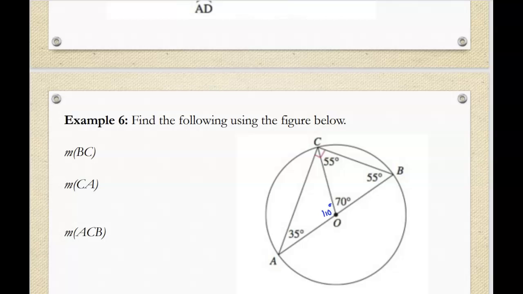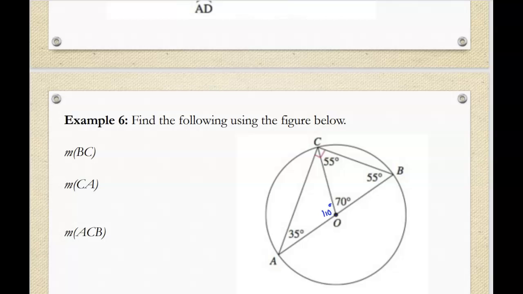The measurement of the arcs is the same as whatever the degree is from the center. So what we look at is what is the measurement of the angle from the center of that point.